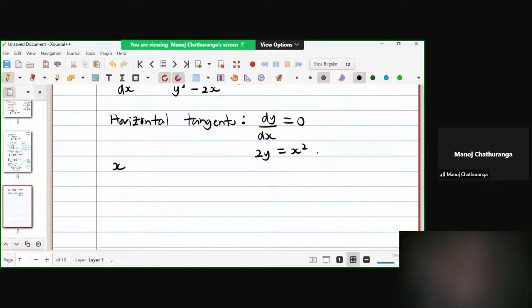The original relationship between x and y is this. And now we need to solve this relation and this relation simultaneously. So let's take this first relation and substitute in the second. y is x squared divided by 2, to the third.